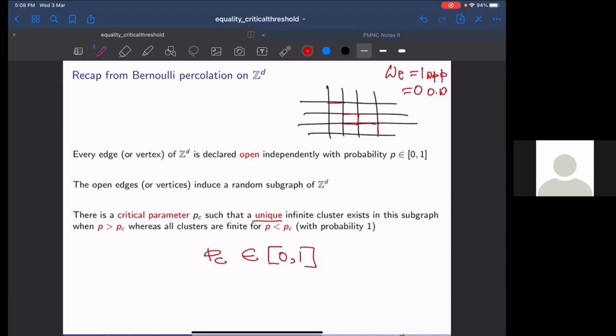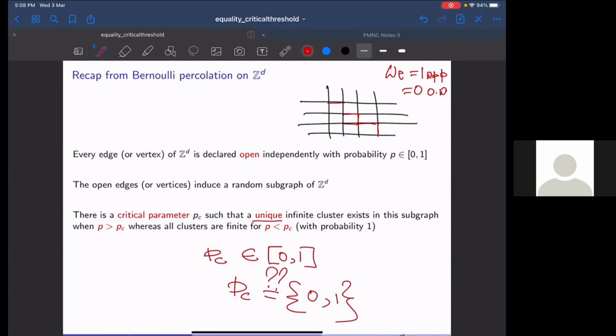Okay, but even before uniqueness, forget about uniqueness. The first question to ask is whether or not this p_c belongs to the set (0,1). Why? Because if not, it's very drab, it's not interesting.